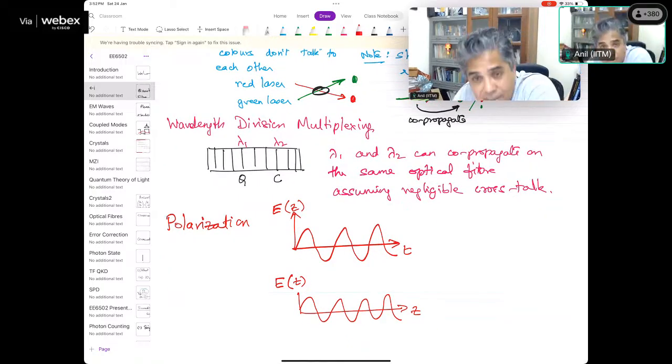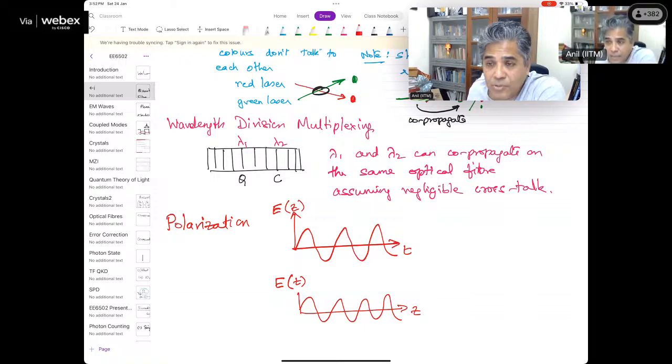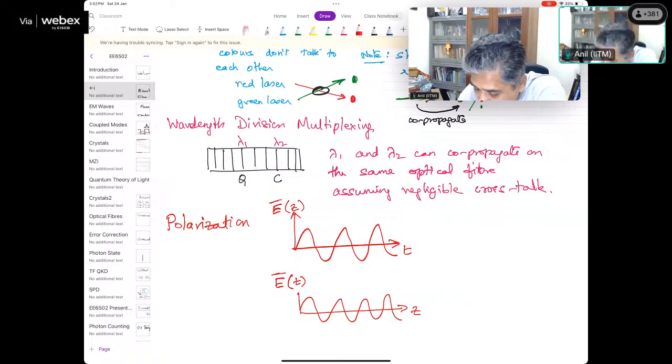Now, this is an incomplete description, because you actually need a third quantity, and this third quantity is the polarization, and we put this vector notation on top of that to determine polarization.